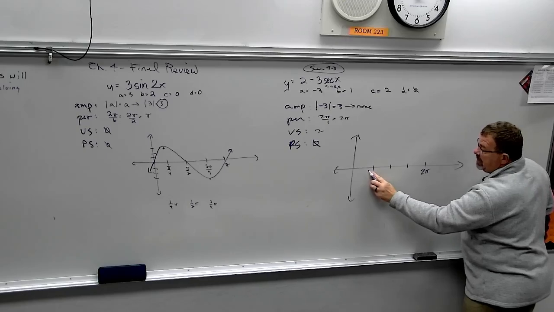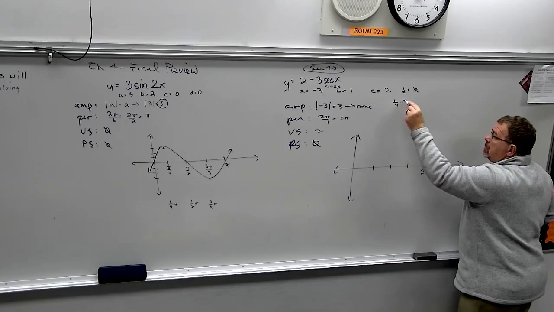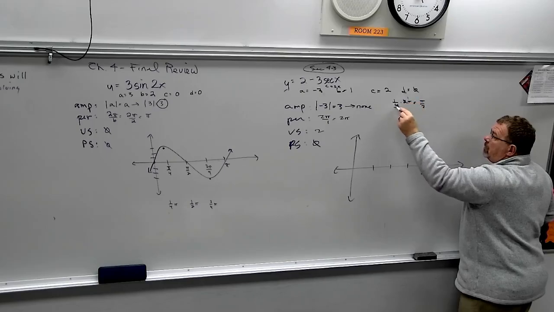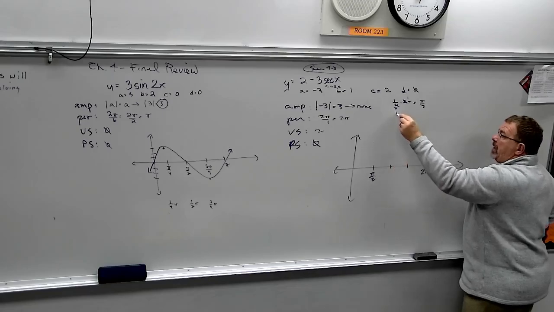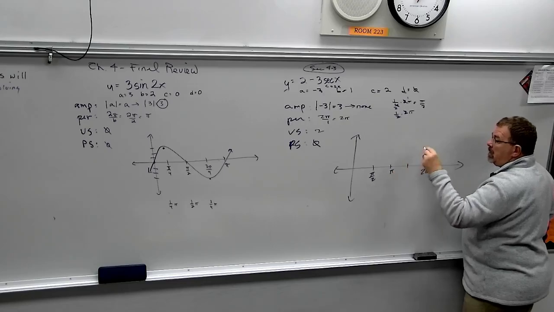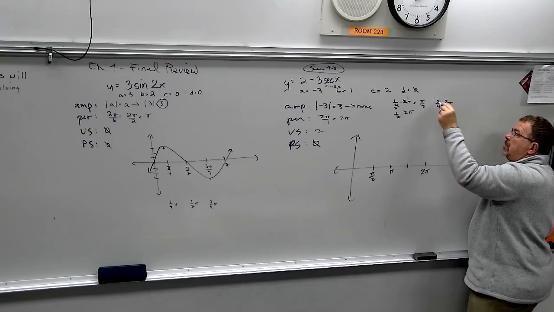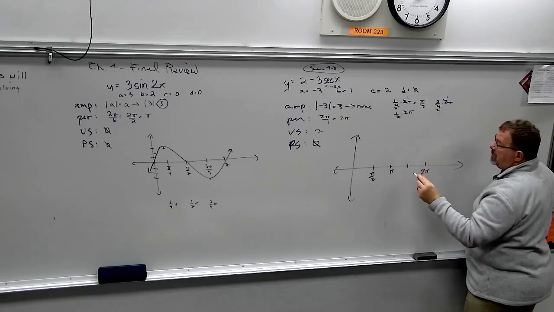So again, this is found by taking 1/4 of 2 pi, which is pi over 2. 2 goes into 4 twice. Okay, this is found by 1/2 of 2 pi. And this is 3/4 of 2 pi, which is 3 pi over 2.